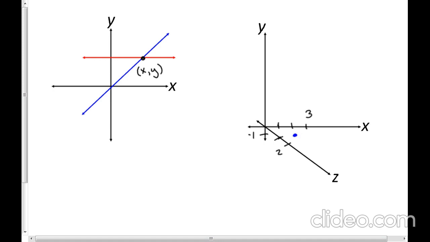This point would have three coordinates. It would have a 3 on the x, a -1 on the y, and a 2 on the z. So here we're seeing coordinates that are no longer a coordinate pair, but technically a coordinate trio where you have an x coordinate, a y coordinate, and a z coordinate. We're going to be dealing with three variables in this topic.